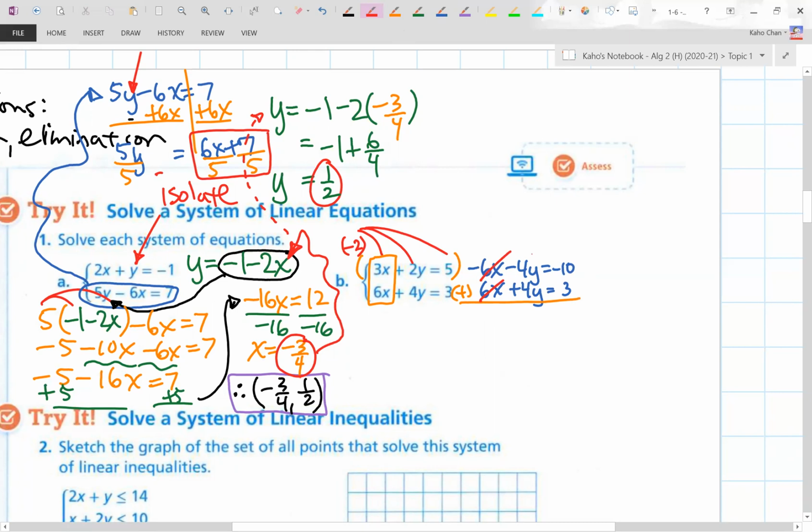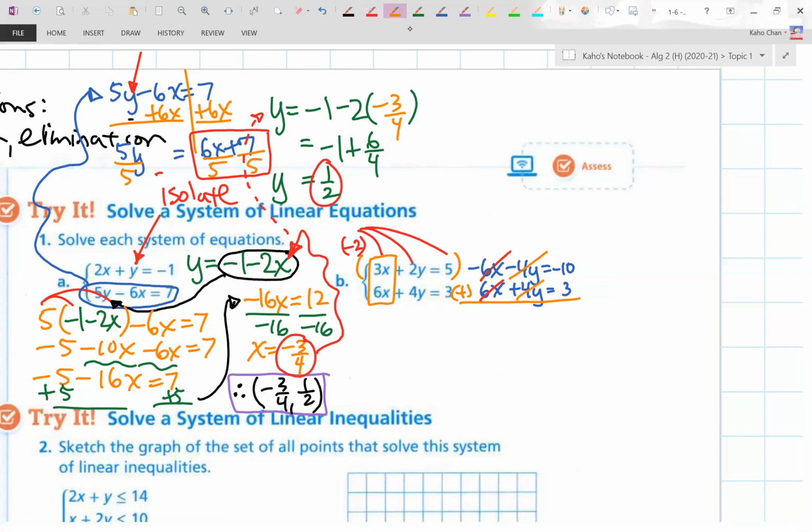Now, sometimes when we use elimination or substitution, we end up with something very strange. This problem is thrown at you because the authors know that you've been through Algebra 1 and you've seen a process of getting an answer. But sometimes what happens is, whoa, what happens to my y's?